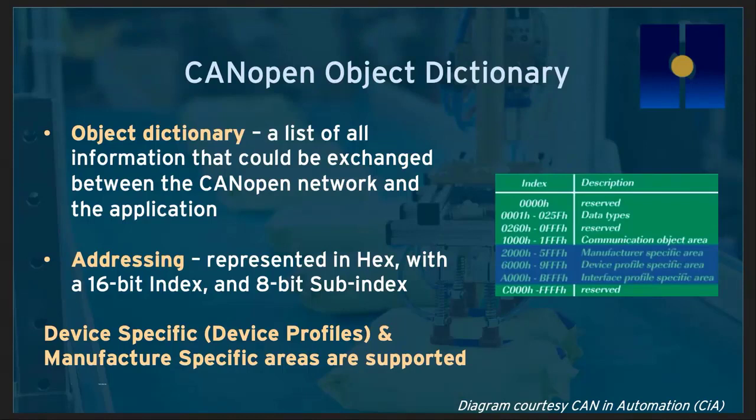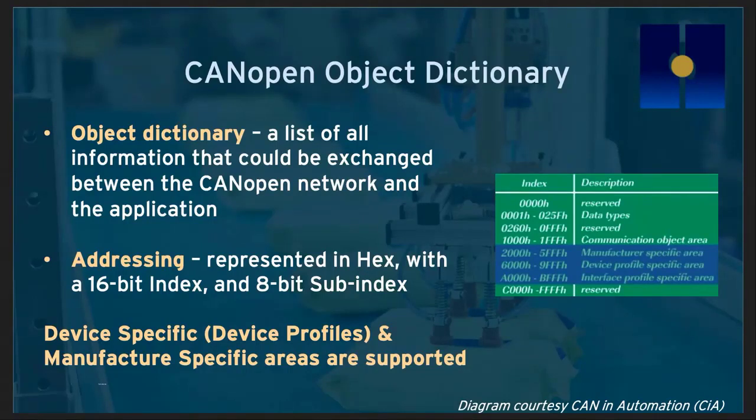Another thing that's part of the object dictionary, which is very handy, is that CANopen supports what are called device-specific profiles. So if you're integrating a variable frequency drive or a stepper drive or an encoder, there's a standard profile, or a standard list of parameters, for that sort of device in CANopen.